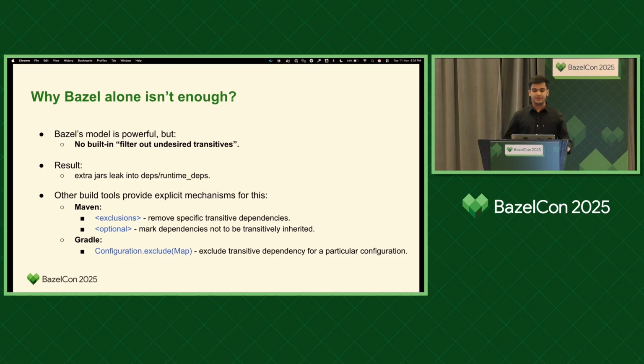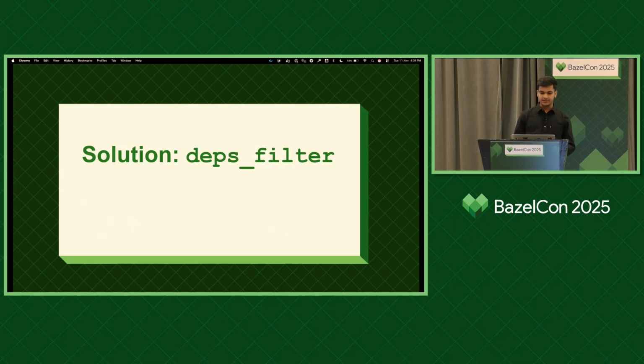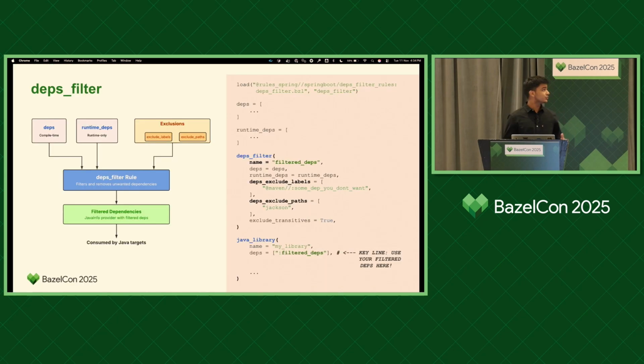Bazel is great, but there is no built-in feature to exclude transitives as provided by other build tools like Maven and Gradle. So to address this, we created a rule called deps filter. The inputs to the rule are deps, runtime deps, and exclusions.